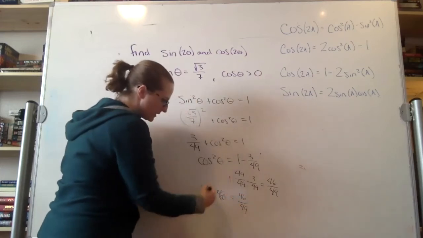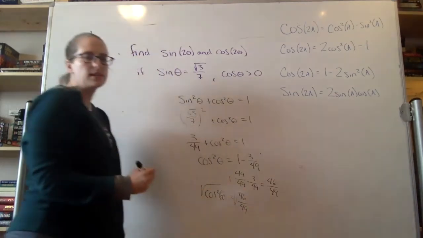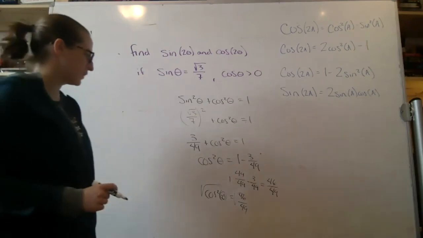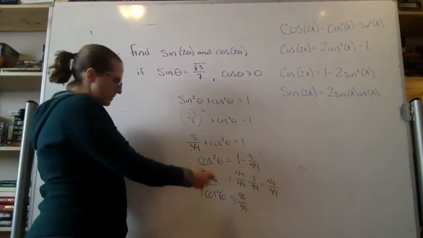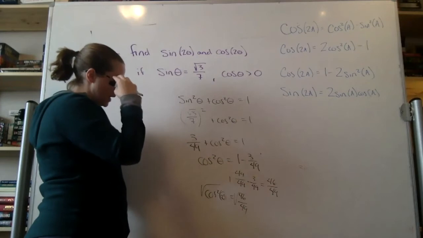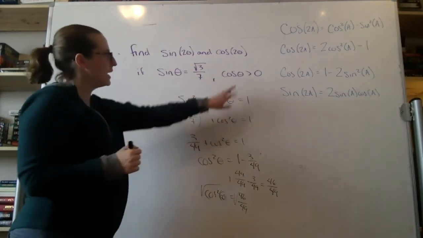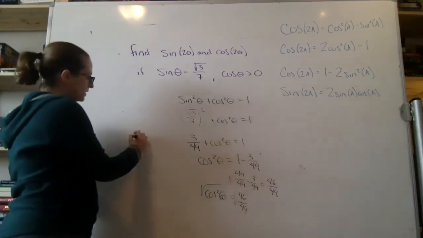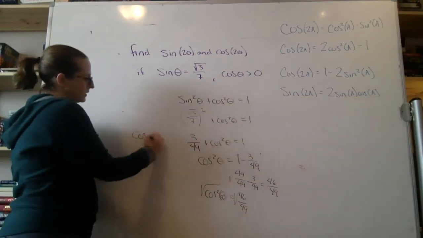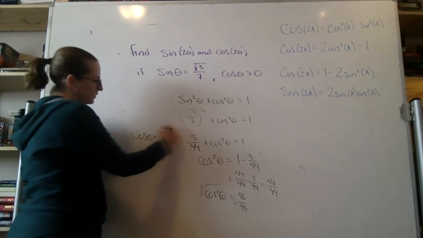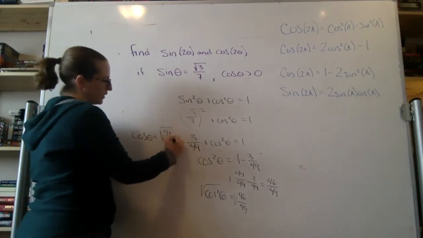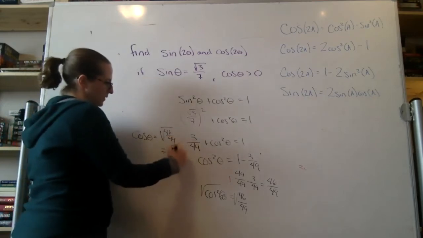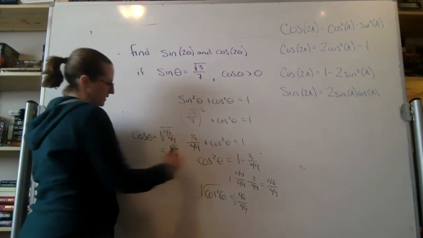To get cosine by itself, we take a square root of both sides. Now remember, when we take a square root, we technically get 2 answers, the positive and negative root. So cosine could either be the positive square root of 46 over 49 or the negative square root of 46 over 49. But we're told that cosine is positive, so our cosine is going to be equal to the positive square root of 46 over 49, which, since 49 is a perfect square, we can think of as the square root of 46 over 7.